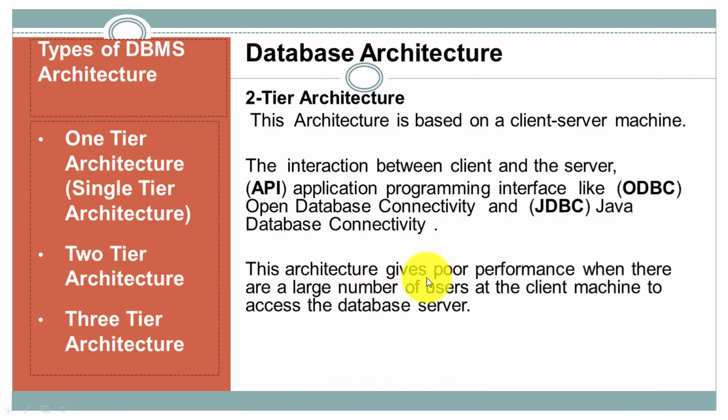This architecture gives poor performance when there is a large number of users at client machines accessing the database server. When there are a number of users on the client side, accessing records becomes very difficult for the database server. That's why this architecture gives poor performance.